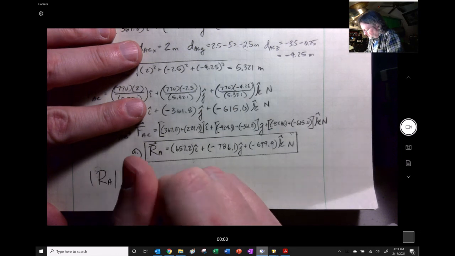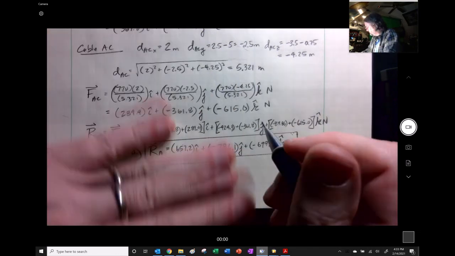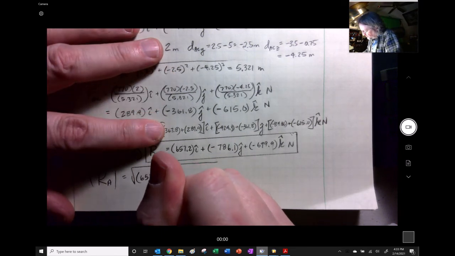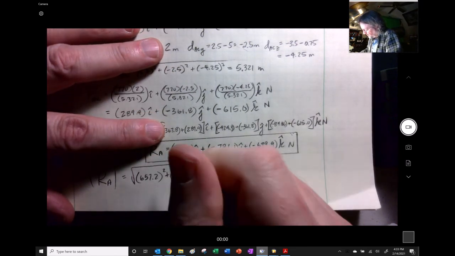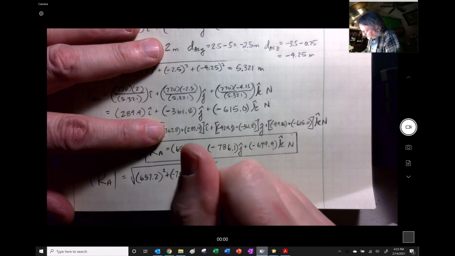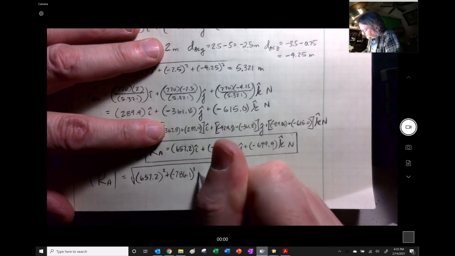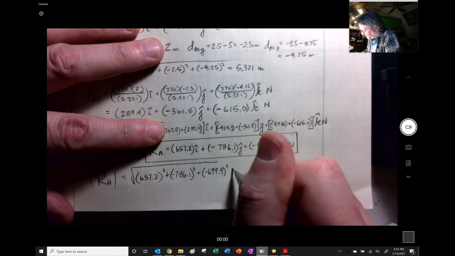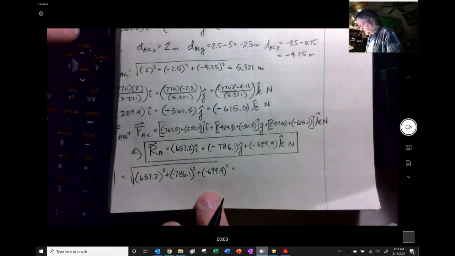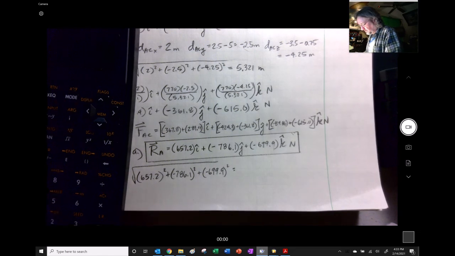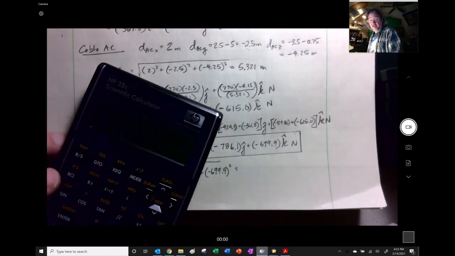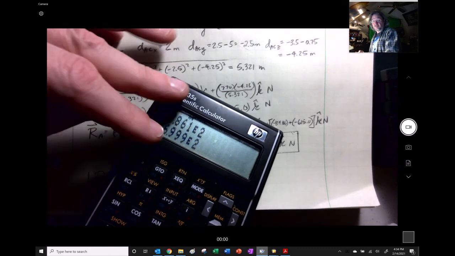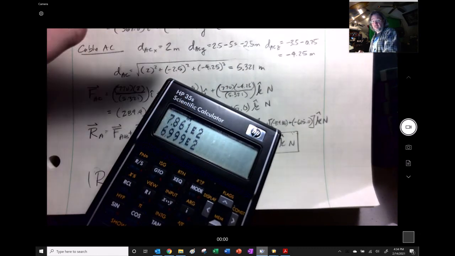We want to take and find the magnitude here. This is the reason why I assigned this problem now, I remember. So I want you to have experience doing several different varieties of the same thing. One of the beautiful things of the Hewlett-Packard is it has this thing called a stack, and there's actually 4 layers of this you don't see, and they roll through here.